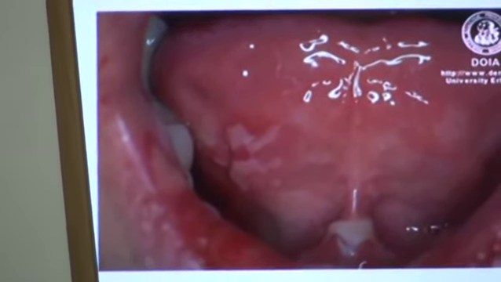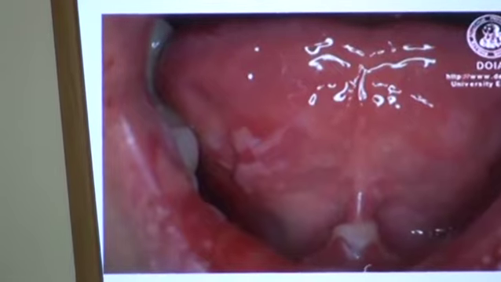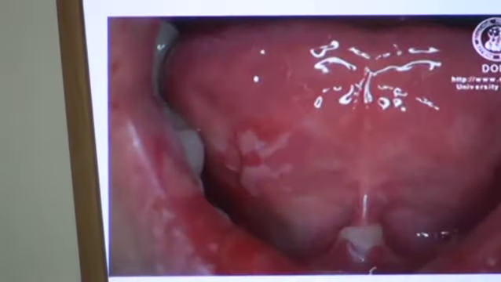So that's what it looks like. You're not going to see blisters, you're going to see erosions. And the erosions are very painful, and the problem is that they don't just stay in the mouth. They go down the entire oral mucosa.